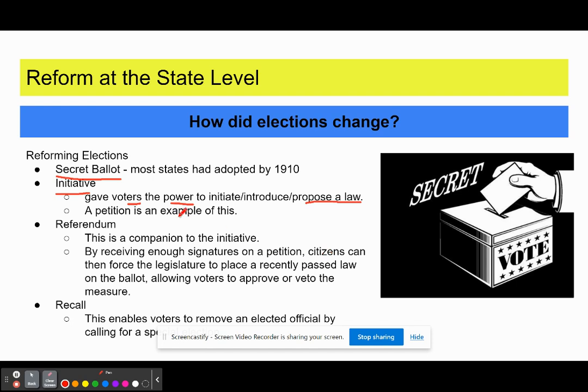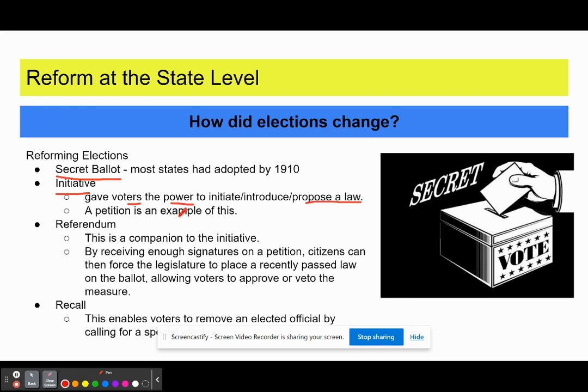Like if you live on a street that's really, really busy, and there's a stop sign at the end of the street, but it's so busy that the traffic doesn't allow for cars to move, or maybe it's a dangerous intersection, too dangerous to just have a stop sign, you can petition to have a street light put there.